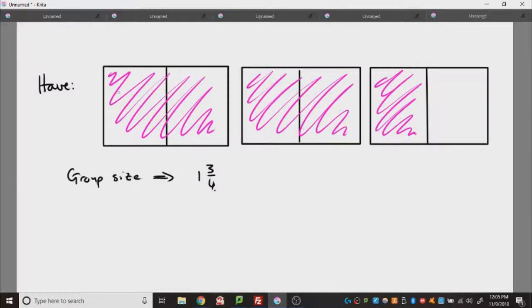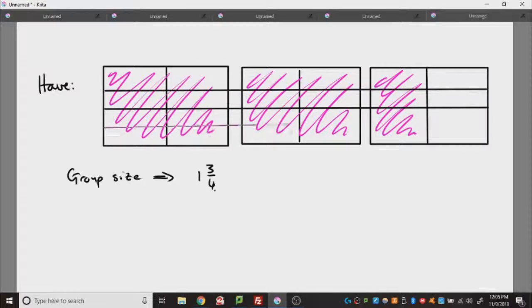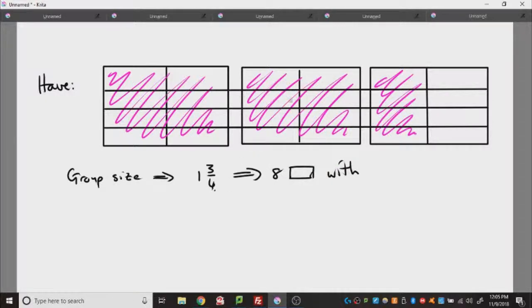I need to split this up into 4 slices so I can relate that to my rectangles. So that would be a whole rectangle. I don't see the pink at all right now. A whole rectangle of 8 with another 3/4 of a rectangle.